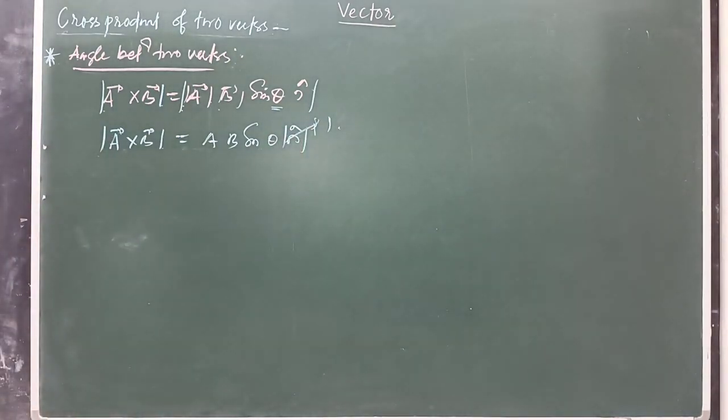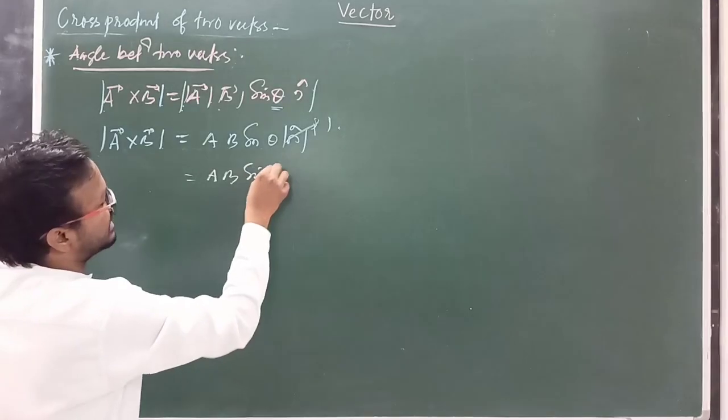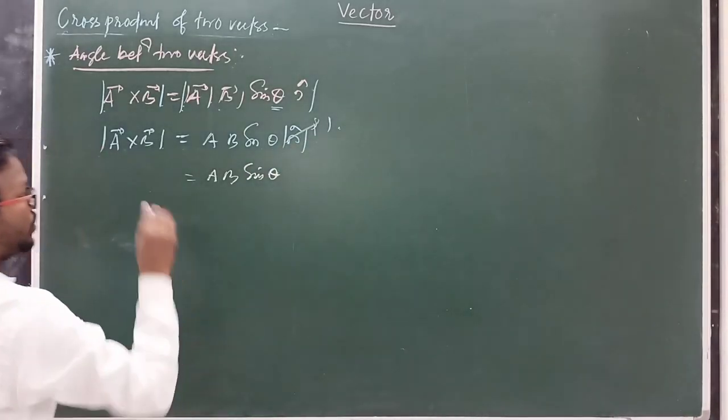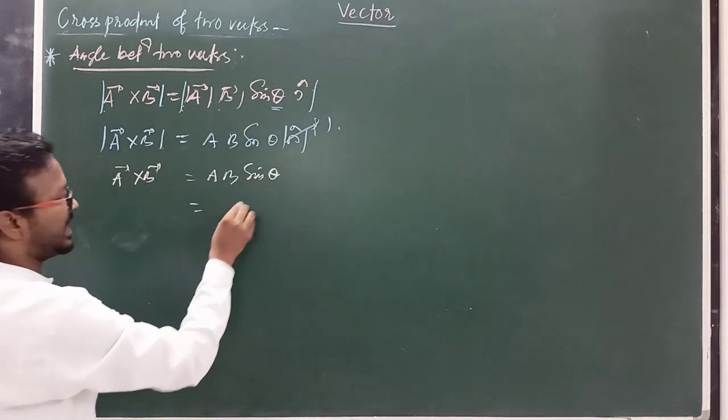This is a unit vector. Clear? So in this case, you can write AB sin theta into 1. But we have to find the angle between two vectors, meaning sin theta.